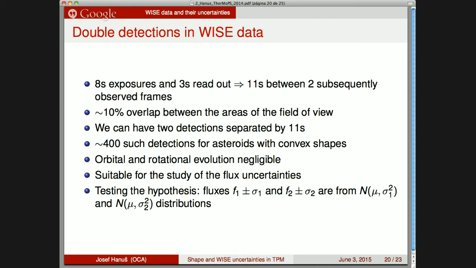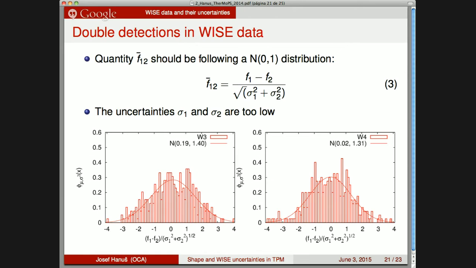Okay, so we constructed a quantity which is the difference between the fluxes, normalized by the square root of the sum of the squared dispersions. And this quantity should correspond to a normal distribution centered at 0 with a dispersion of 1.